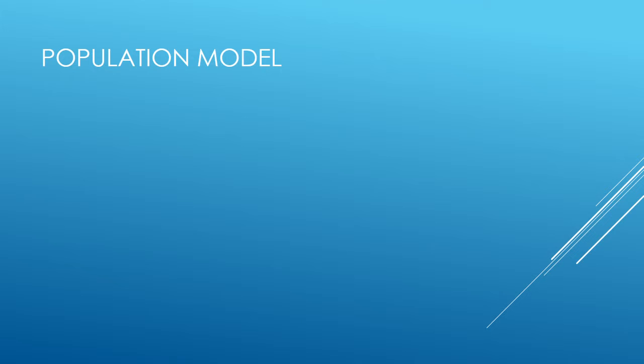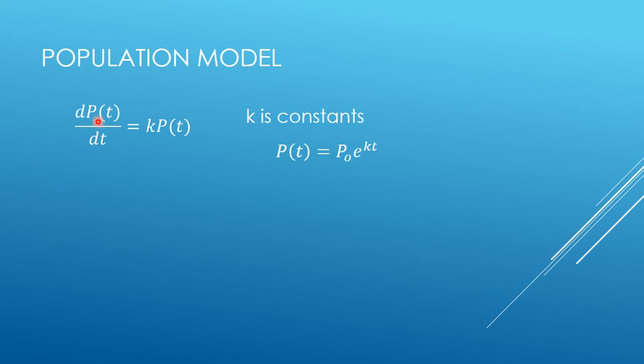The next one is a population model, trying to predict a growing population of a particular kind, and this time it's an exponential growth population, so a population with unlimited resources to draw on. So this is the differential equation that predicts that, where k is a constant, again. And so what I'm going to claim is this is the solution to that differential equation, where P0 is the initial population we start at t equals 0.